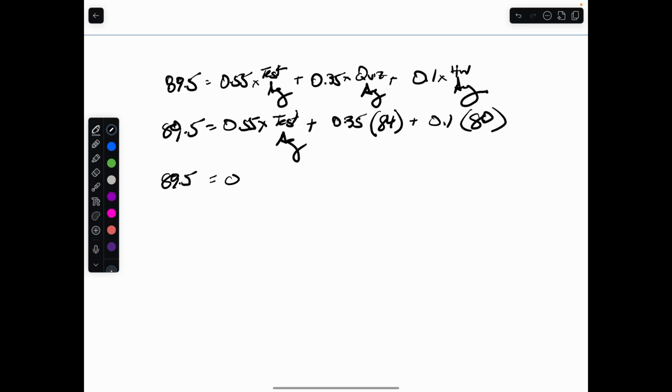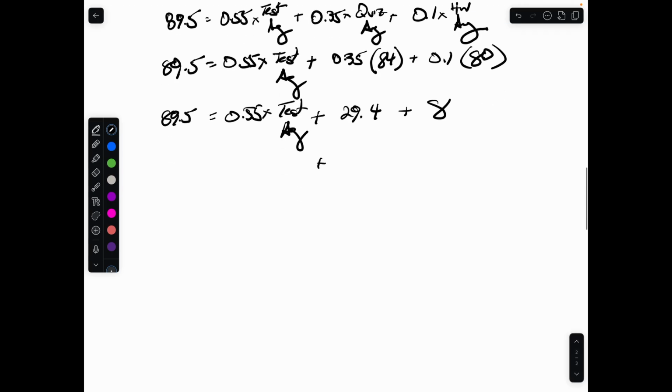So 0.35 times 84 was 29.4. 0.1 times 80 was 8. And 29.4 plus 8 is 37.4. So that is the equation I want to solve.